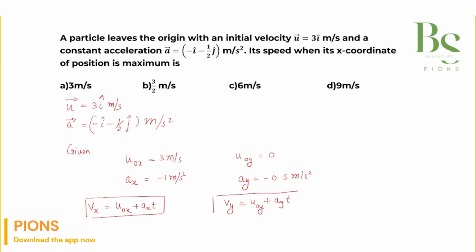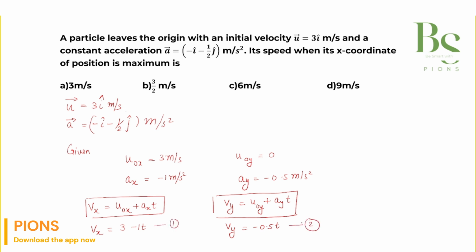These are the equations we will make use of while finding the velocities along x and y. So here, what is u0x? That is 3, and ax is minus 1, so 3 minus t is our final velocity along the x-axis. And the final velocity along the y-axis will be, what is u0y? 0, and a is minus 0.5, so minus 0.5t. So we got this. This is our equation 1 and this is our equation 2.